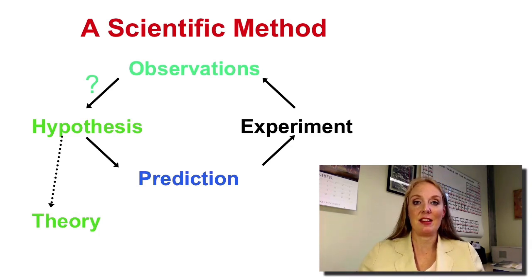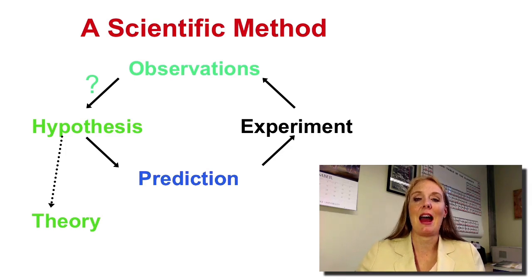In science, a theory is something that has been supported by many experiments, and it hasn't been shown to be false by any of those experiments. A theory must be falsifiable. In other words, there might at some point in the future be an experiment that shows the theory is not correct. But most scientific theories that you see published in books have been supported by all of the experimental evidence.